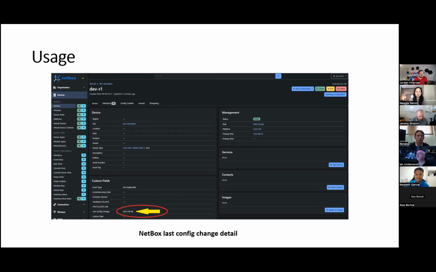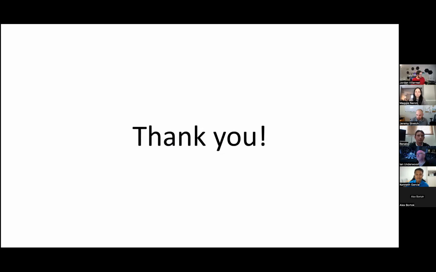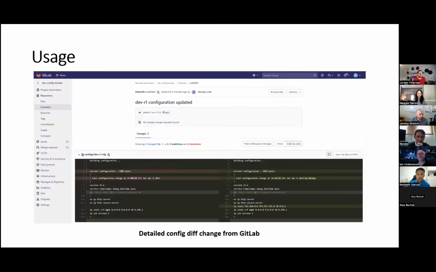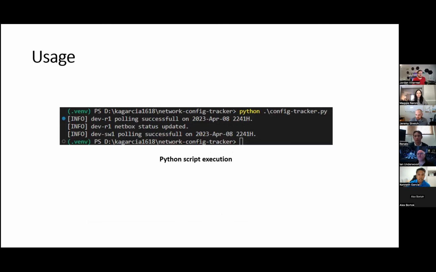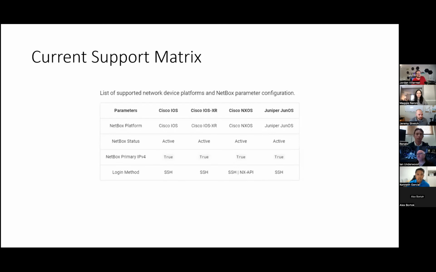Very nice. We had somebody ask a question: how are you pulling out the running config? I have a feeling I rushed you through the slide where you would have shown that off. So the running configs are pulled via SSH for IOS, and the rest, except for NX-OS, which has an NX-API option.